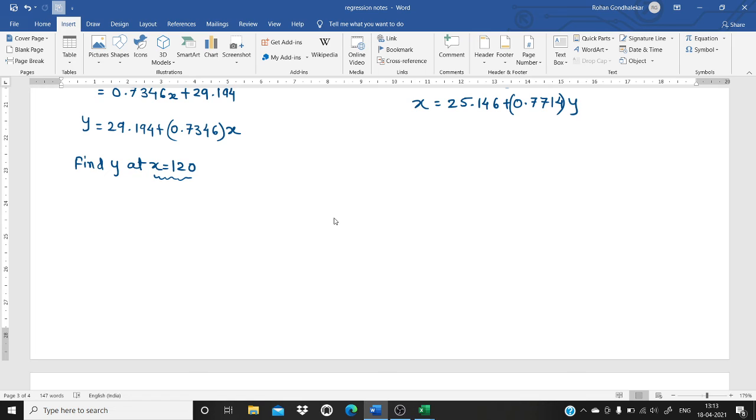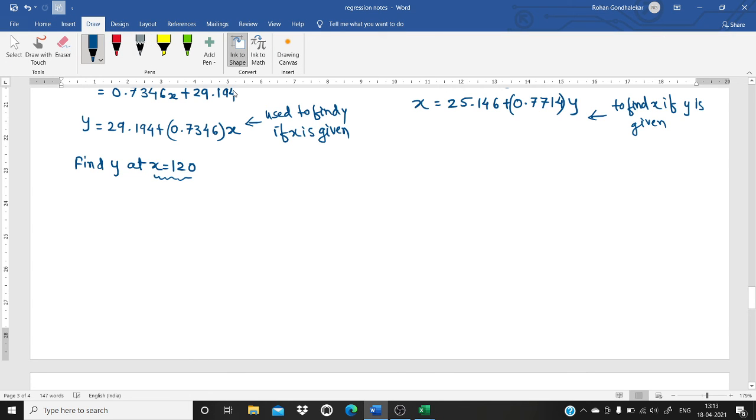Remember this basic difference. The line of regression y on x will be used to find y if x is given, and this will be used to find x if y is given. Okay, so you can note down somewhere. It will help you in the examination.